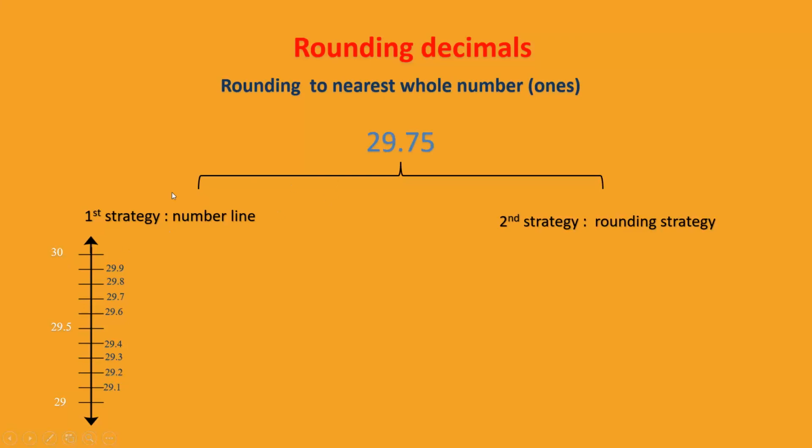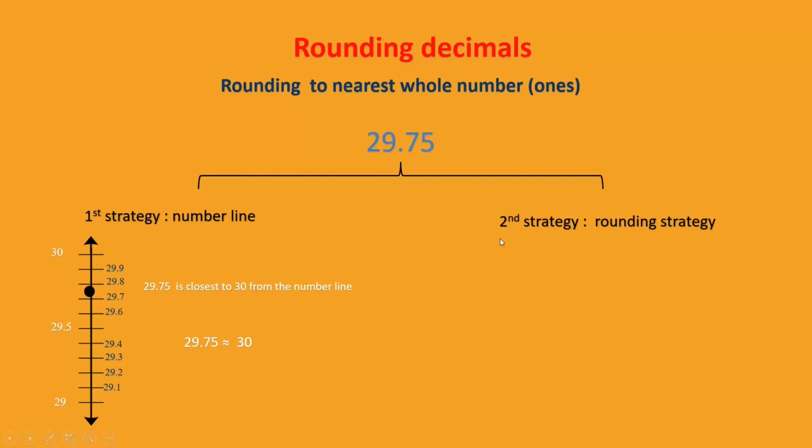Okay, 29.75 is between 29.7 and 29.8. So 29.75 is closest to what? To 30. So from the number line, 29.75 is approximately equal to 30.